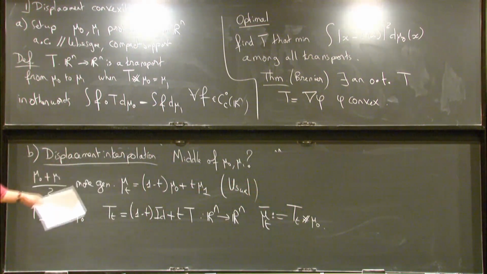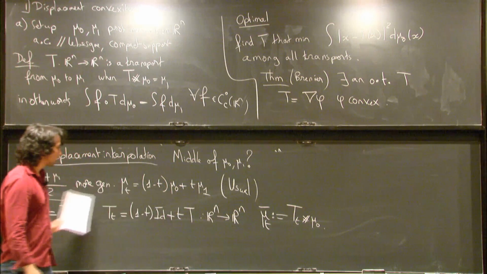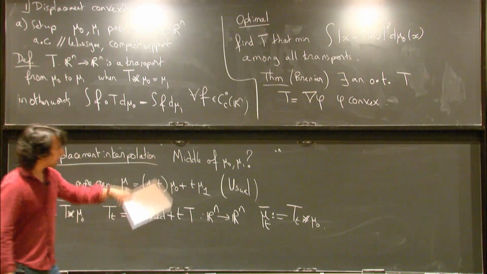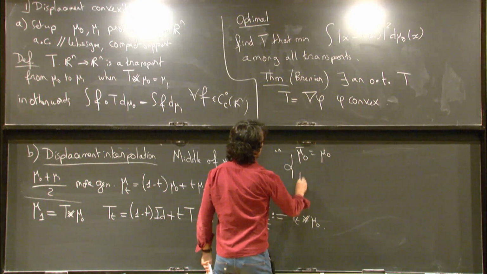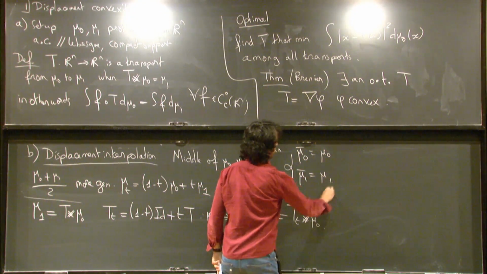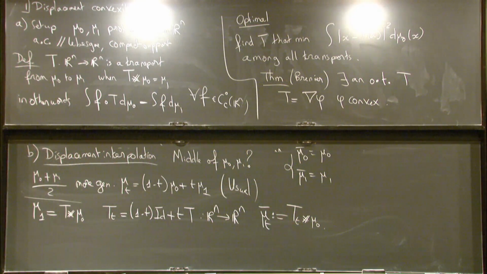And of course, T_0 is just the identity, so mu bar 0 is mu0, and T_1 is just T, so mu bar 1 is equal to mu1. So that's a valid interpolation between mu0 and mu1.